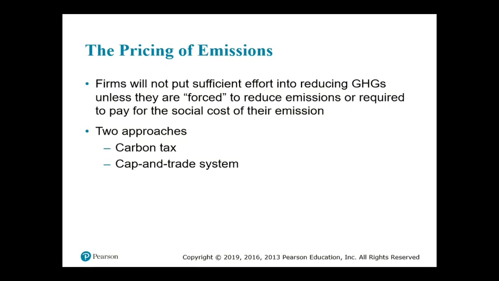In terms of emission pricing, again, it's along the logic of the tragedy of the commons. So we need a regulating policy to monetize the cost of emissions.